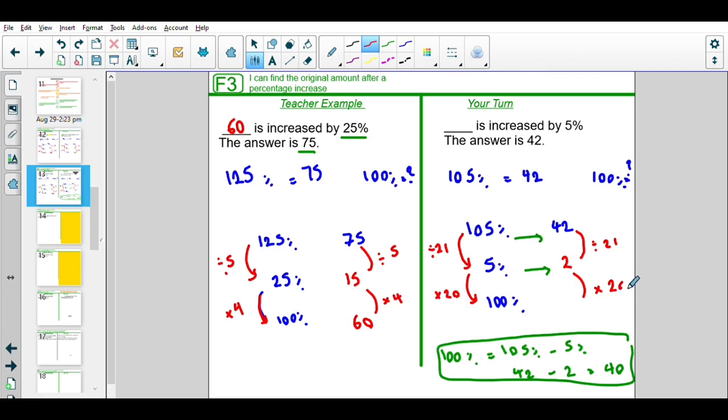The answer is 2 times 20, which is 40. As you can see, both approaches are correct and give us the same answer. It's up to you which one you want to use. 40 is increased by 5%, and the answer is 42.